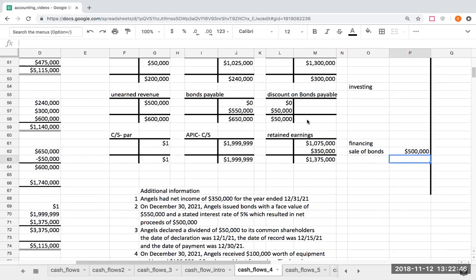Now, another way you could have done it is you could have said, oh, I credited bonds payable here for $550,000, so I have to debit this $550,000 in the financing section. But I have the discount on bonds payable, which is a debit, so I'd have to credit cash for $50,000. The net amount of these two is going to be the cash proceeds from the issuance of the bond.